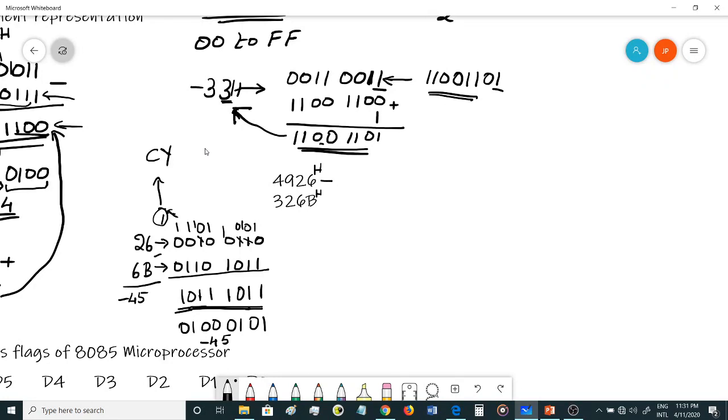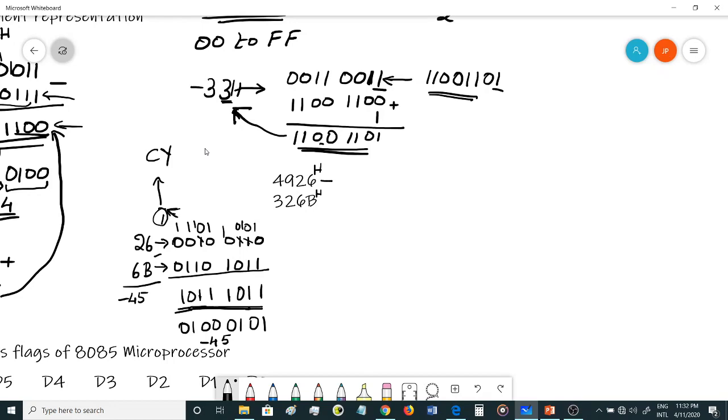Also, if there is a borrow from the MSB, for the 8 bits over here, then this borrow also goes into the carry flag. The carry flag will be set to 1 if you have borrowed 1, assuming that there is a 1 over here. So if you had stopped the calculation at this point, you would have got the result as minus 45.